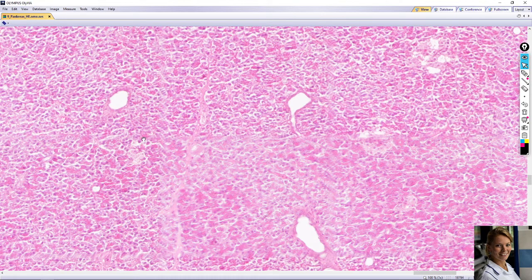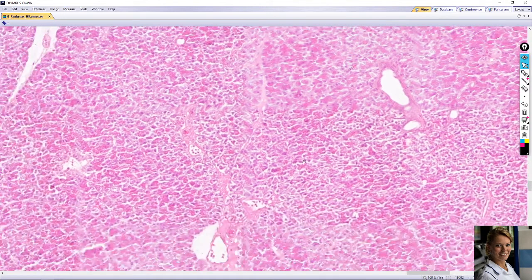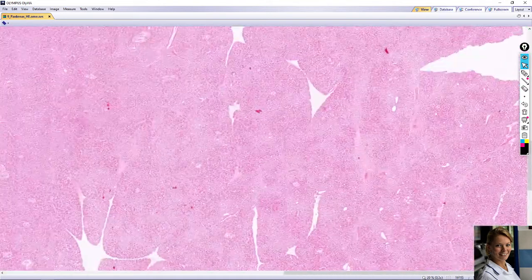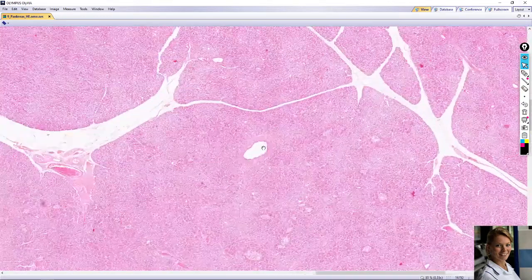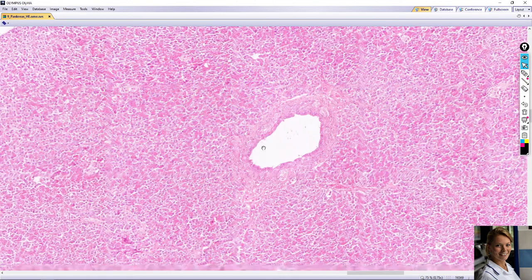Also here, but here it's bigger, and for example here is a big interlobular duct which is surrounded by connective tissue and lined with cuboidal cells. Sometimes it's columnar cells.